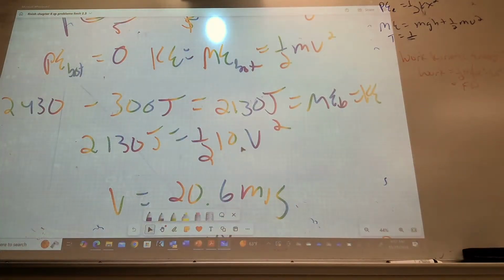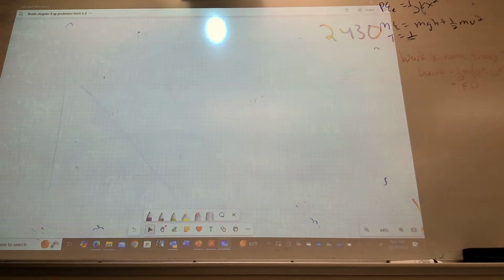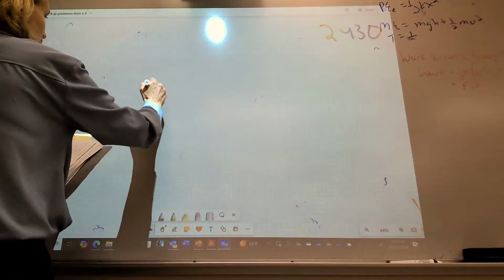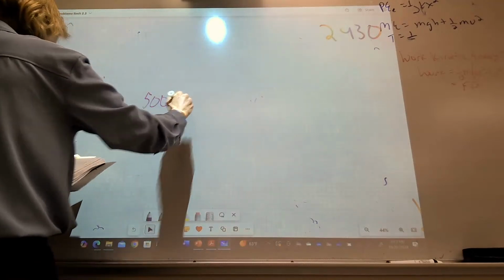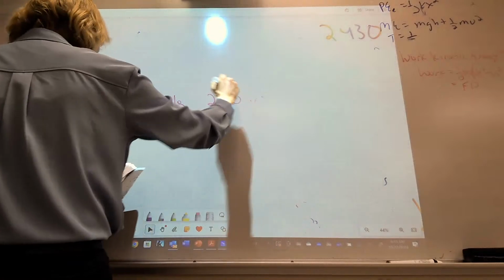Okay, so if I tell you a 500 kilogram vehicle applies a brake force of 280 newtons.